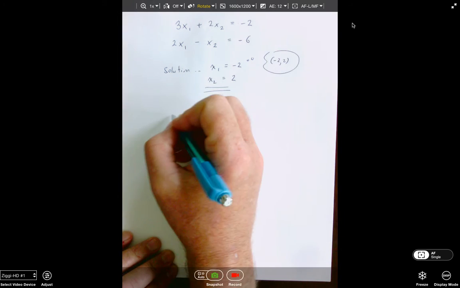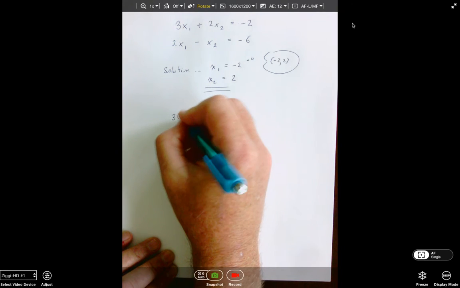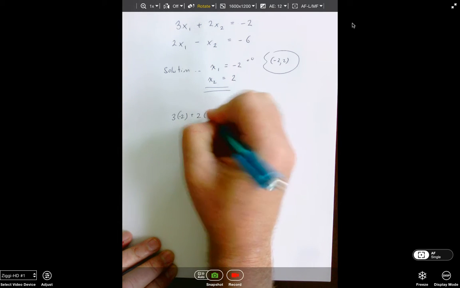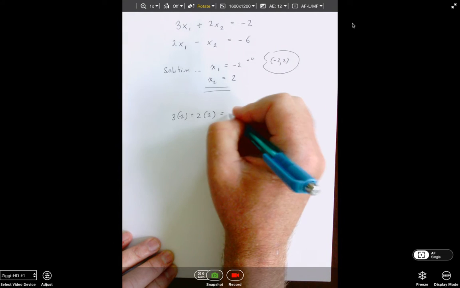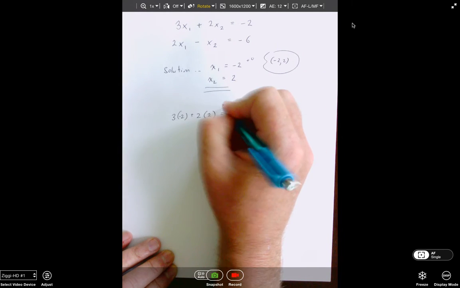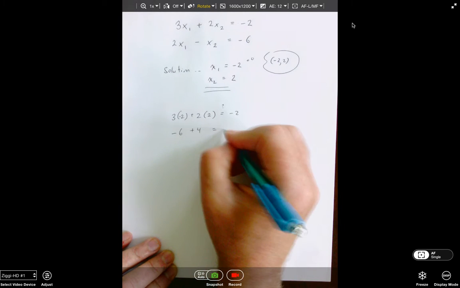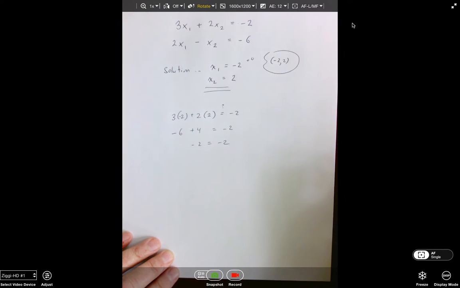Okay? So if I take 3 times x1, negative 2, plus 2 times 2, I get what? Is this negative 2? And I'll put a question mark there, so I get negative 6 plus 4. So it makes that a true statement.